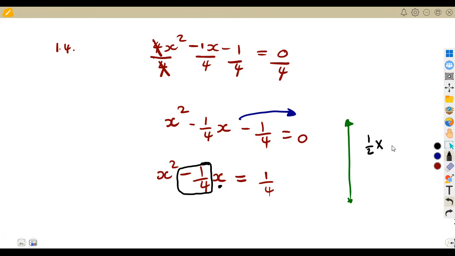So we need to determine the square of half of the coefficient of x, which is negative 1 over 4. But we are supposed to determine its square, okay? And that square, you add it to both sides. That is to complete the square. You are supposed to find half the coefficient of x, you square it, and you add it to both sides, all right?